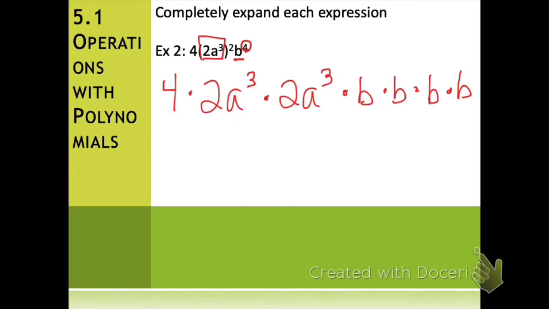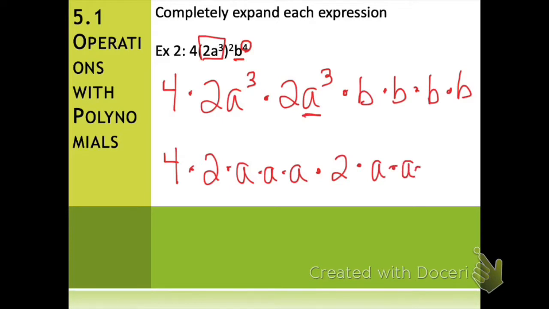So I'm going to go one more step. 4 times 2 times a times a times a times 2 times this one, a times a times a. I'm running out of room. Now the b's, times b times b times b times b. There. Now it is completely expanded.